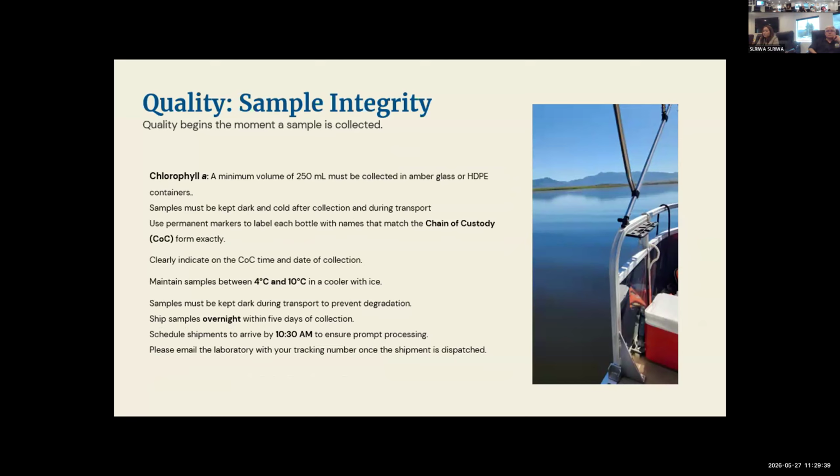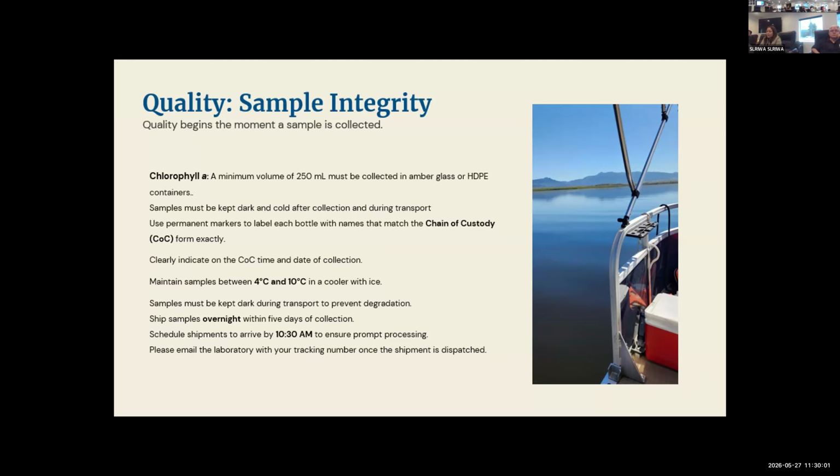Moving on to our protocols for chlorophyll A, the focus remains on maintaining the highest sample integrity from the field to the bench. For this specific analysis, we require a minimum volume of 250 milliliters collected in amber glass or HDPE containers.